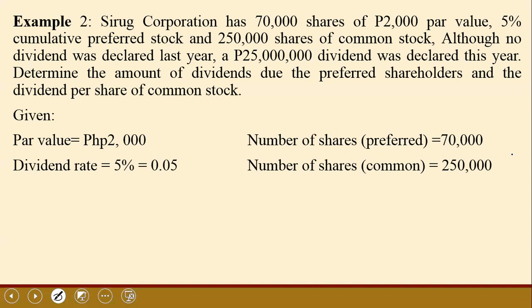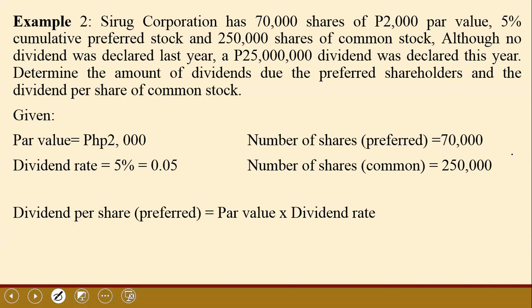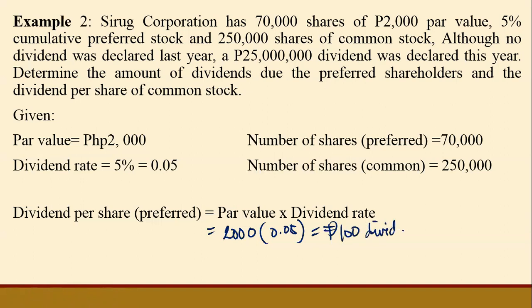So we have to compute for the dividend per share. This is equal to 2,000 times 0.05, so this is equal to 100 pesos dividend per share.